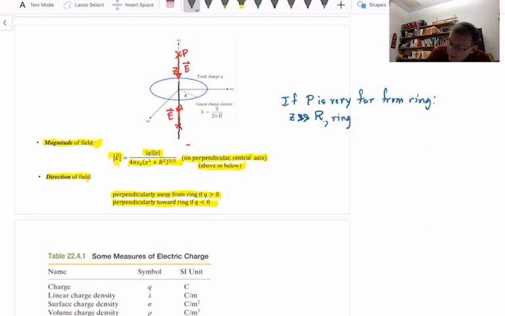The ring acts like a particle. And the formula for the field of a particle is Q over 4 pi epsilon 0 distance squared. In this case, the distance would be z. So this answer should reduce to that in the far limit.